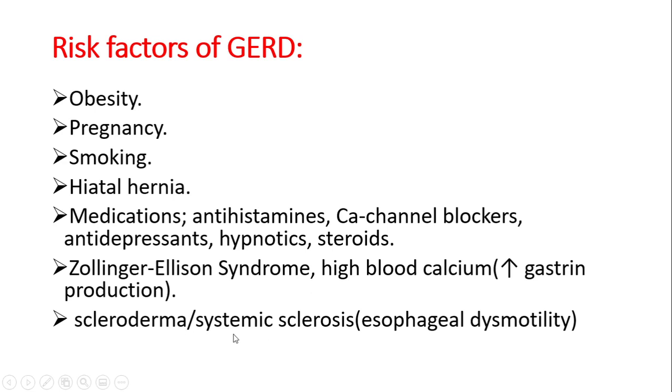Scleroderma, or systemic sclerosis, is an autoimmune disorder affecting the connective tissue of the esophagus, with resultant esophageal dysmotility and loosening of the esophageal sphincter and resultant gastroesophageal reflux disease.